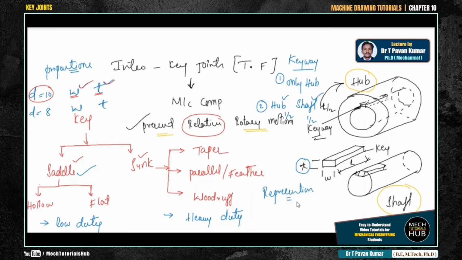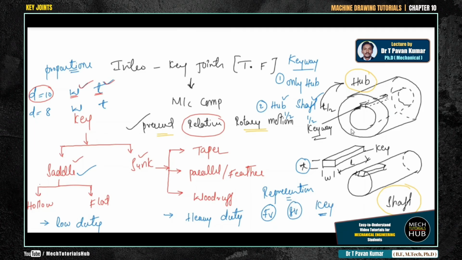You are supposed to draw the views of that particular object: front view, top view, side view, auxiliary view, bottom view, any other related views. All are called representations. But in our case, whenever it is a key, you are supposed to draw the front and side view. So that is what we will try to do.